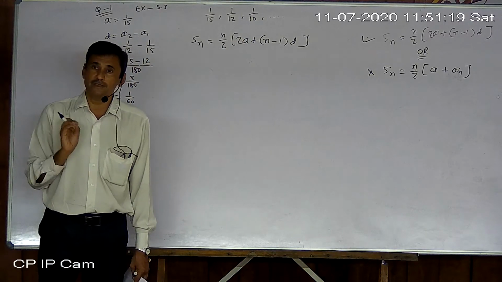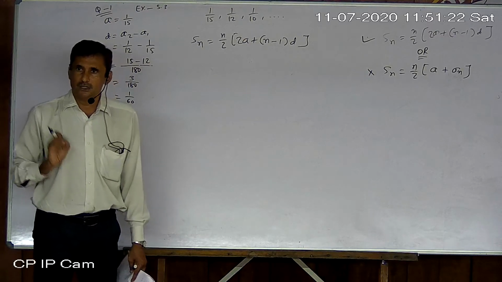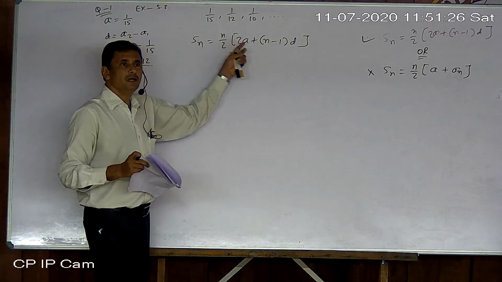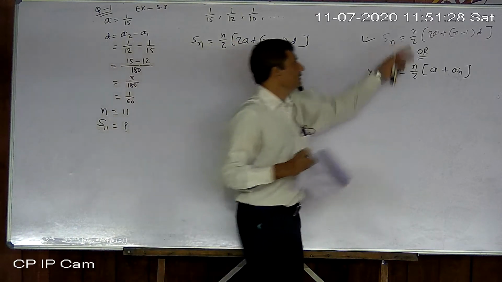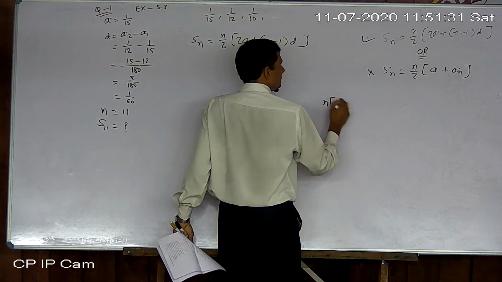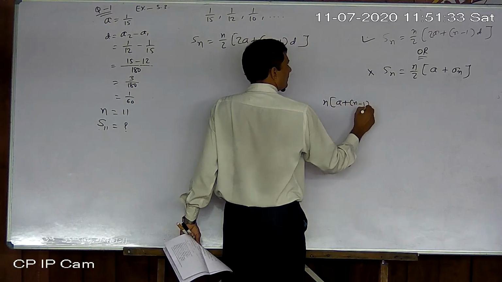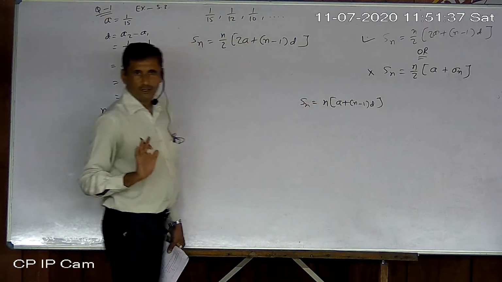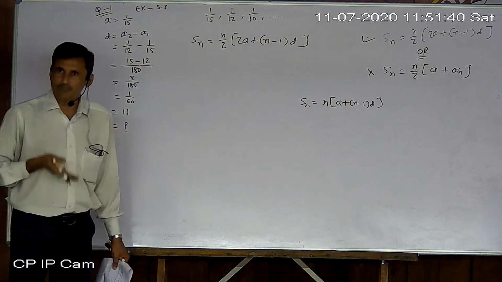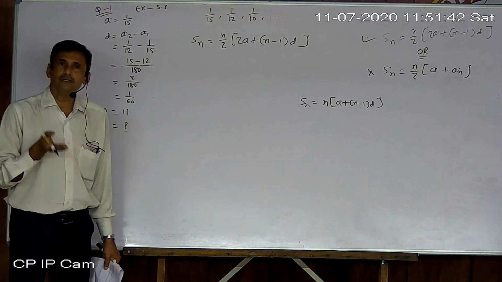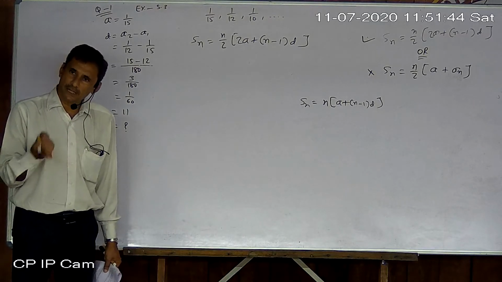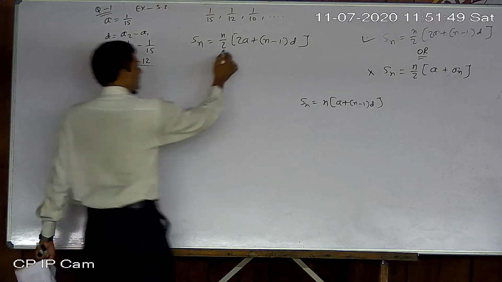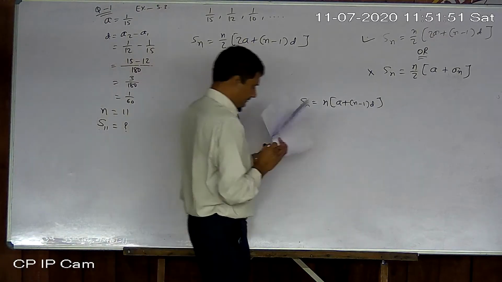Many students make this type of mistake. If it could be cancelled, then they might have given the formula that way only. Why have they not given it after cancellation? Understood? If it is possible, then they give us the formula after cancelling that 2. So don't make this type of cancellation mistake.